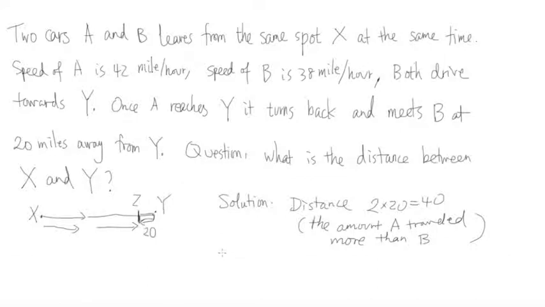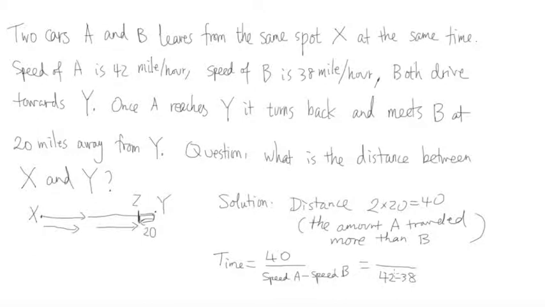Alright, so now we can do the time. Time needs to be the distance divided by the speed. So here, because 40 is the difference between A and B, the speed we have is the speed difference. And A is quicker.